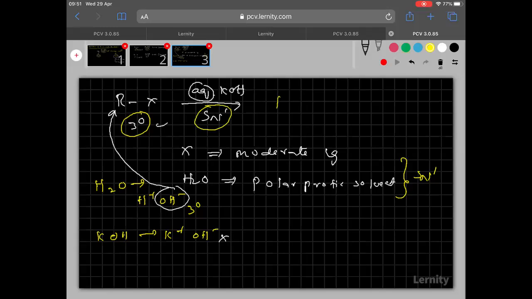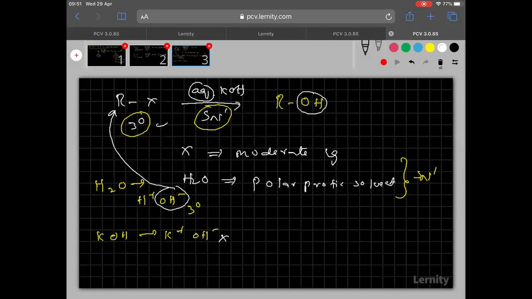So here, what is the product formed? Tell me. Alcohol. Alcohol is the product formed here, and that is according to the SN1 mechanism. And now tell me, this OH came from where?